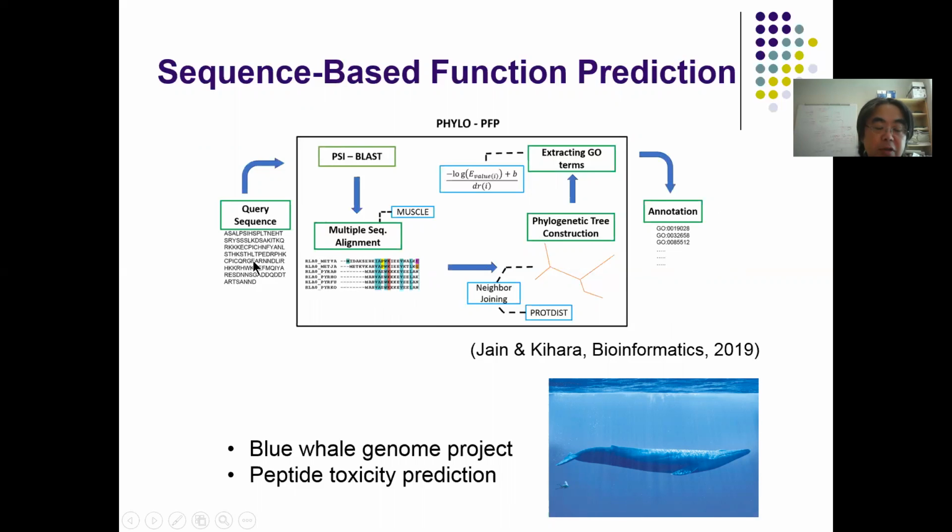This is very important because when a genome sequence is determined by experiment, most of the proteins do not have function assignment, but our method can predict function for over 50% of the proteins in the genome. We are also participating in a genome sequencing project for whale.